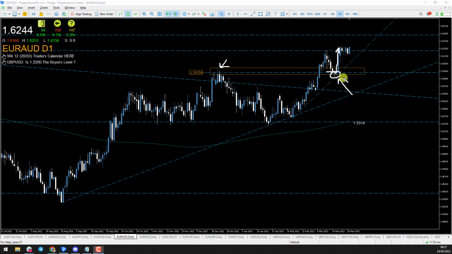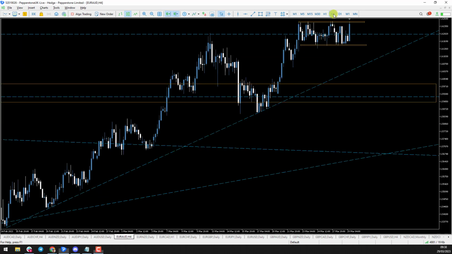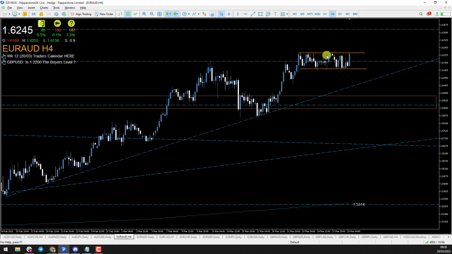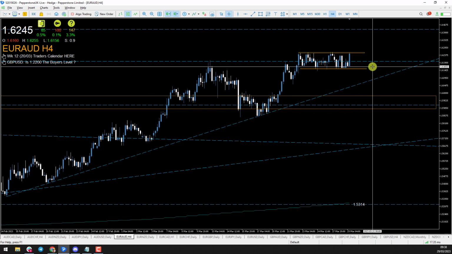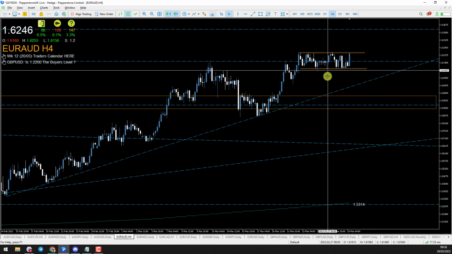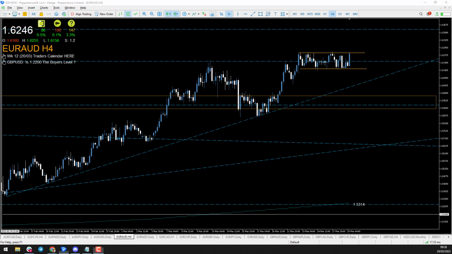So if you managed to look at that move there, you would have been in a nice trade. But if I actually go into the 4 hour just to open it up a little bit more, you can see the consolidation that I'm talking about. The consolidation is between the highs at around 1.6250 and the lows at the 1.6150, and we're consolidating at resistance, which can often lead to a breakout to the upside.